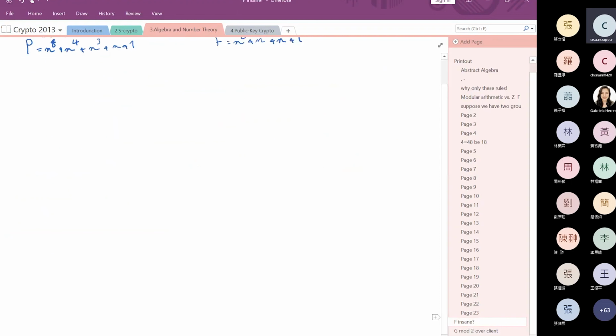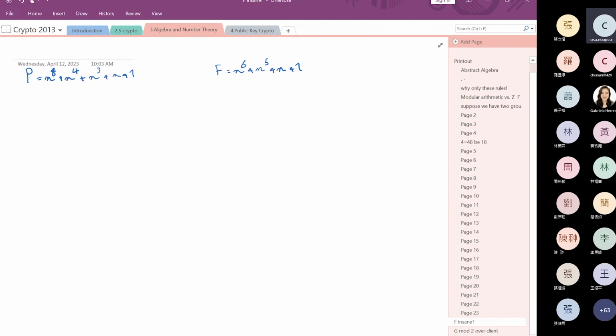Writing the GCD step, I can say that x^8 + x^4 + x^3 + x + 1 is equal to (x^2 + x + 1) multiplied by (x^6 + x^5 + x + 1), plus the remainder x^5 + x^4 + x.